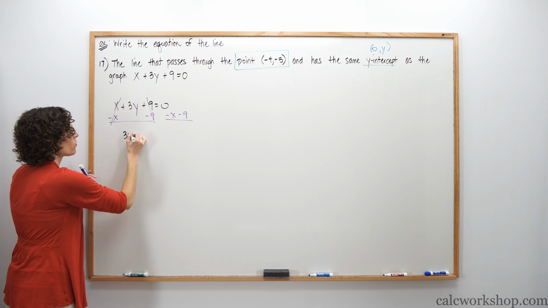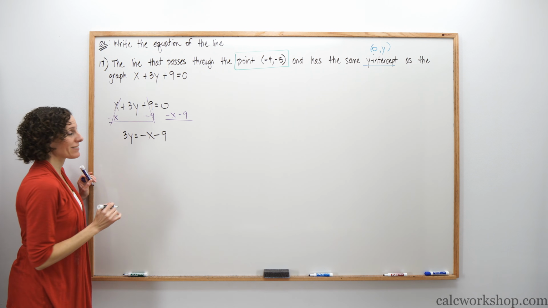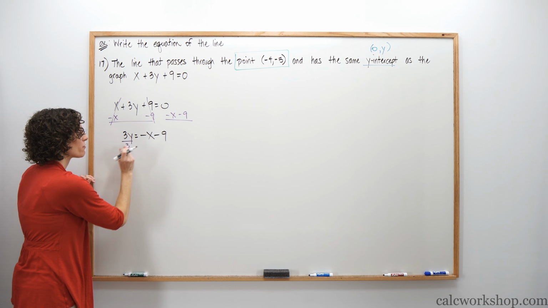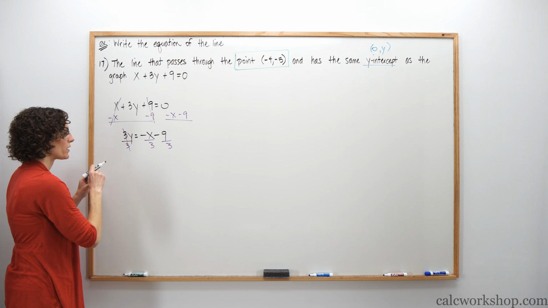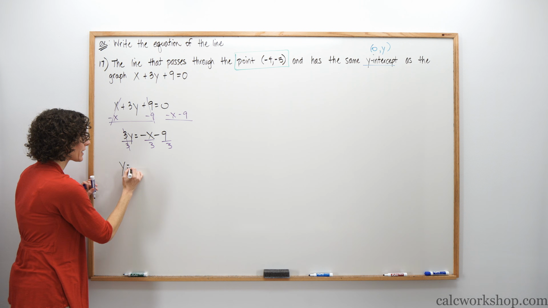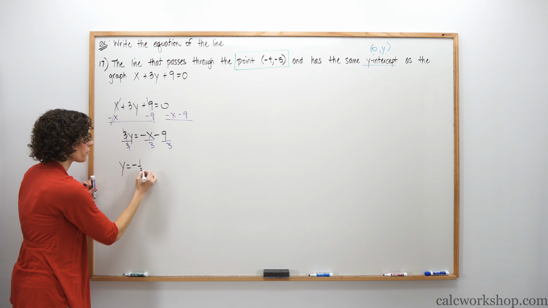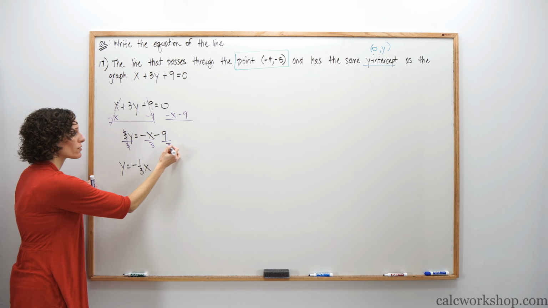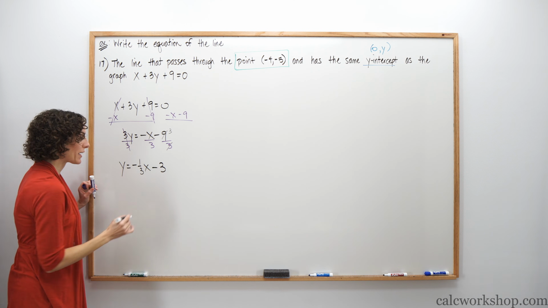So we have 3y equals, over here, just negative x minus 9. Now I need to get y by itself, so I'm going to divide everything by 3. 3 divided by 3 makes 1 happy whole, and I'm left with y equals, here we can't simplify, but we can write this as negative 1/3 x. And here, negative 9 and 3, 3 goes into 9 3 times, so we say negative 3.